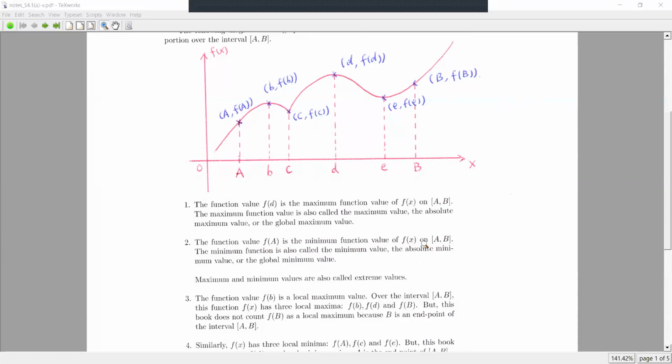It is important to emphasize that this is the minimum function value of this portion, not the minimum function value of the whole graph.